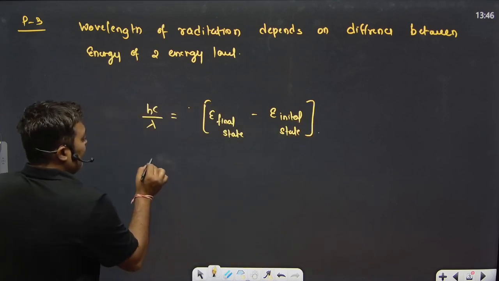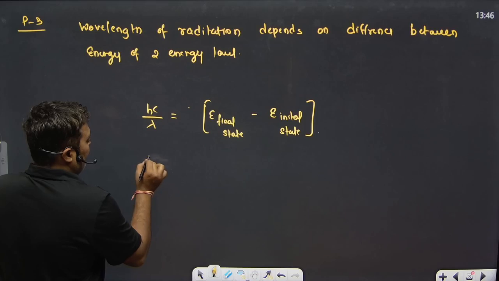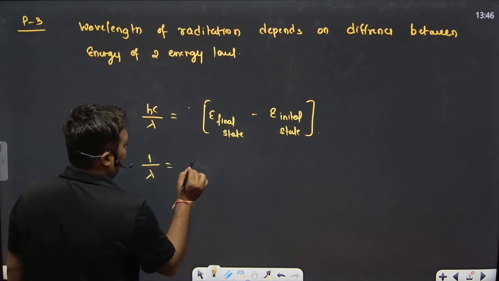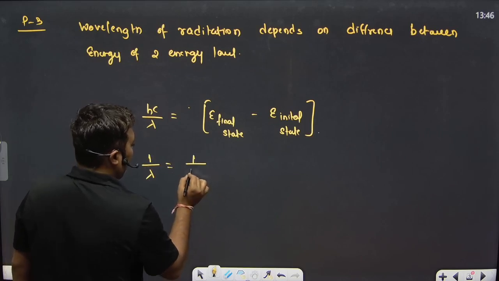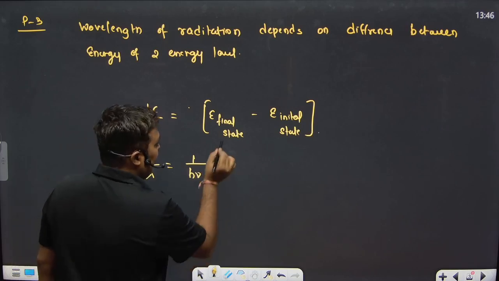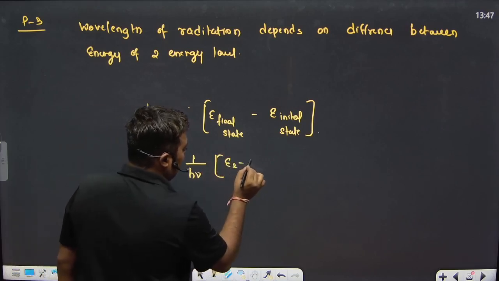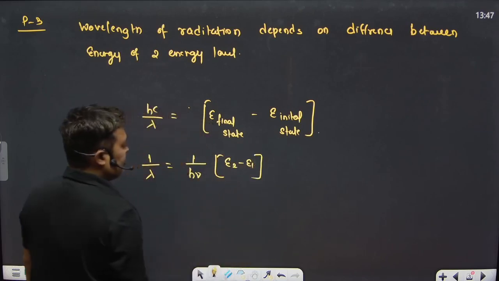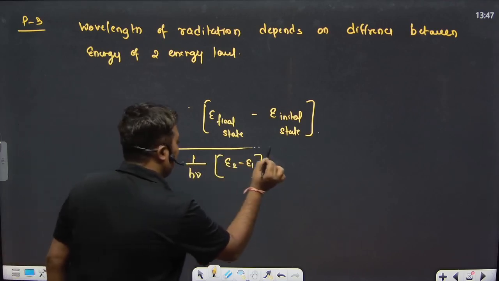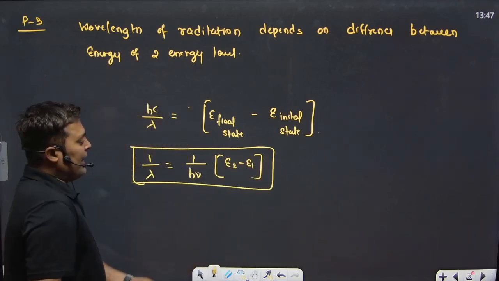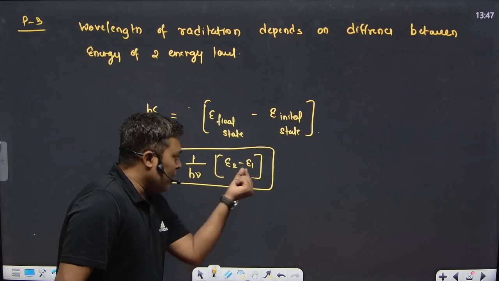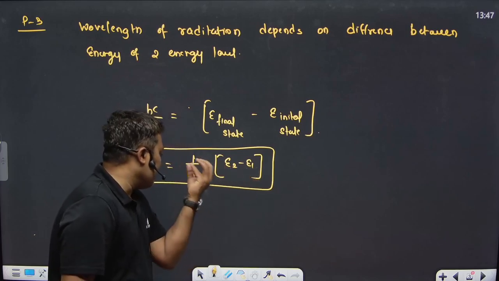If we rearrange this, what are we going to have? We are going to have the formula 1 upon lambda equal to 1 upon hc times E2 minus E1. That will be the simple formula. With the help of this formula, which is similar to the Rydberg formula, if we compute this energy in terms of joules, then we are going to get the Rydberg formula.